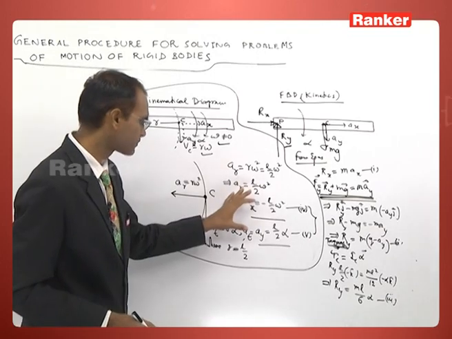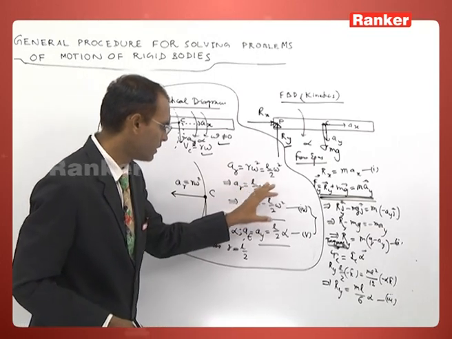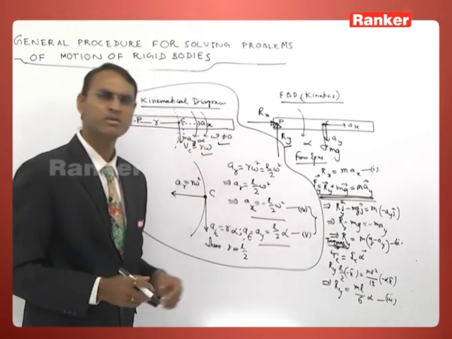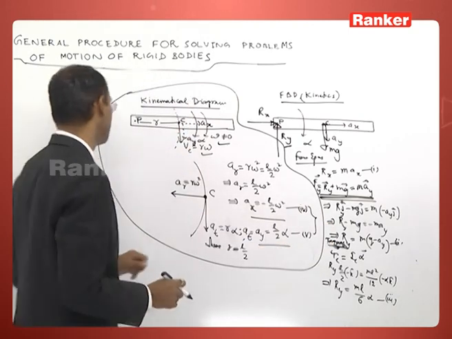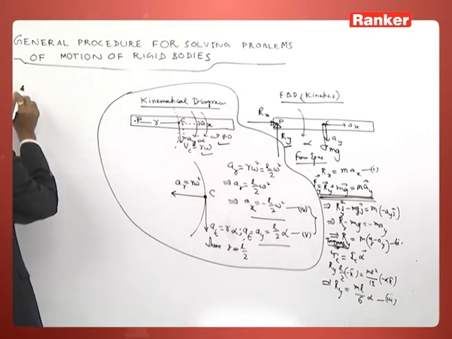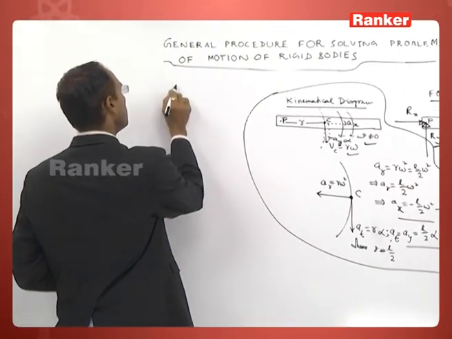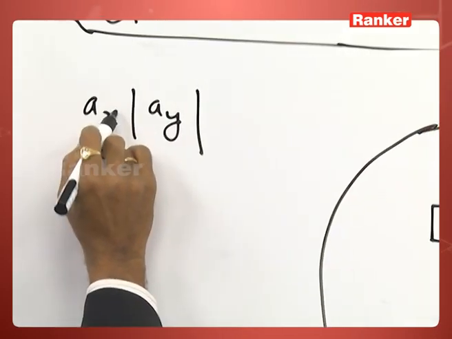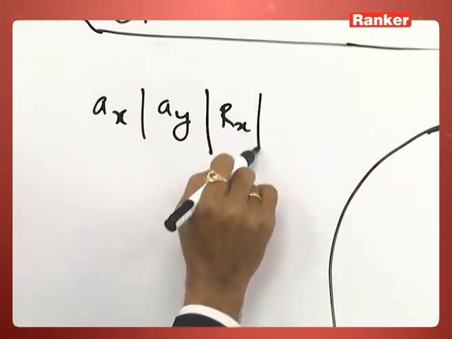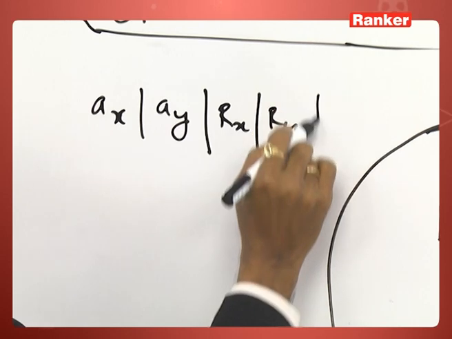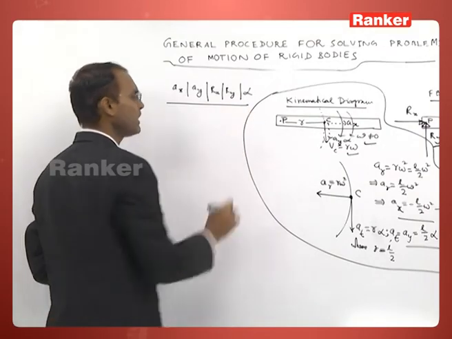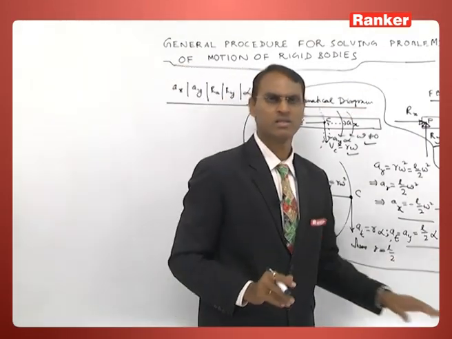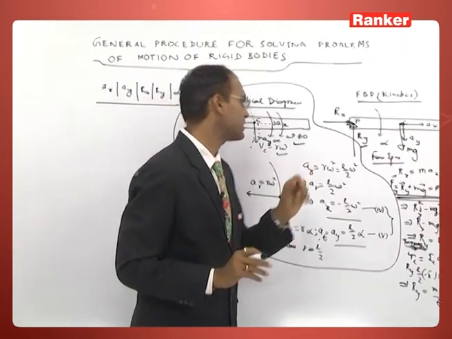So as a whole, as a total, we are having 5 equations and 5 unknown quantities. The unknown quantities are x, ay, Rx, Ry, and alpha. 5 unknown quantities, 5 equations. Very nicely you can solve in the third step.